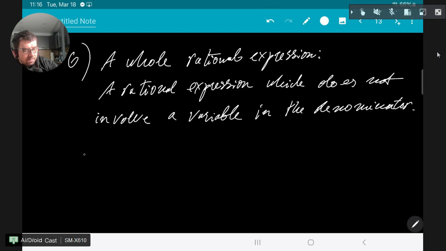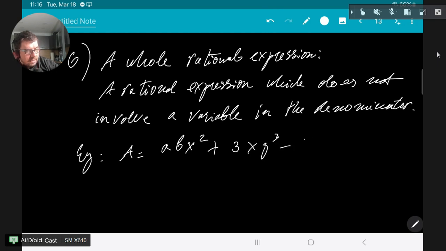Okay, so for example, if I have this expression a b x to the power of 2 plus 3 x y to the power of 3 minus z over 10. Okay, I'm just making some numbers up. This is a whole expression.